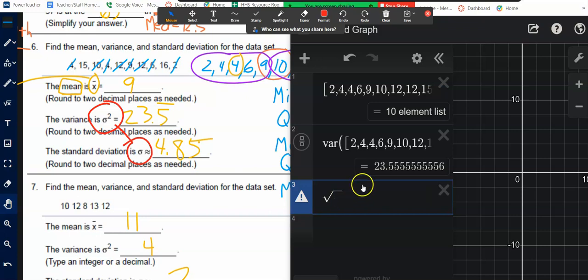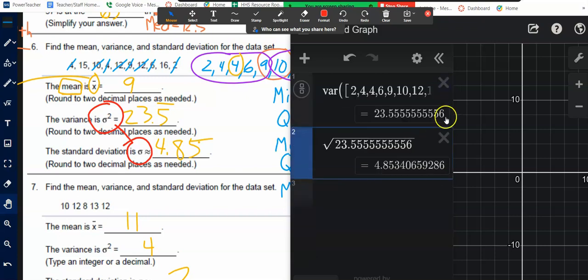Now I don't want to type this whole number in there, so I'm going to click on it, copy it, click underneath the radical, and paste it in there. 4.85 is my standard deviation for this. Not bad. You could tell that the values are closer than the data set in number 5, where they're really spread far apart.